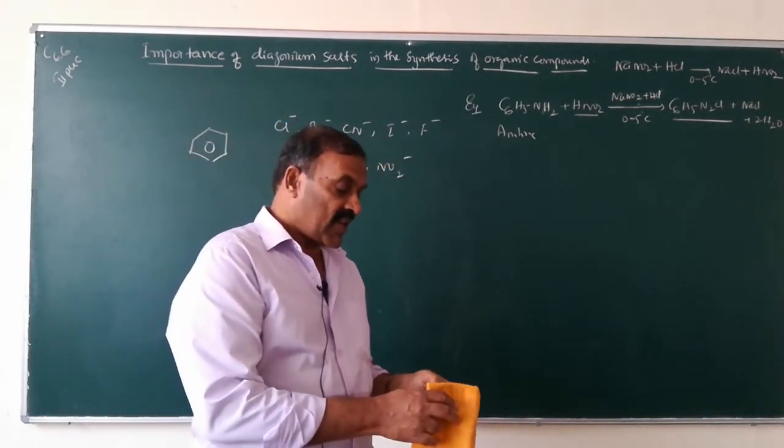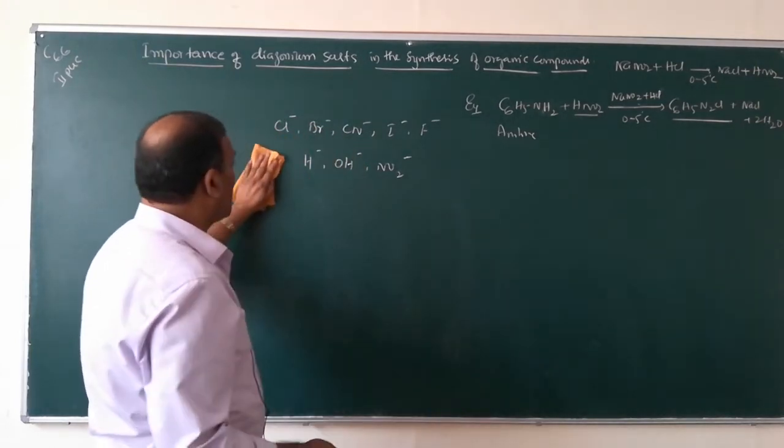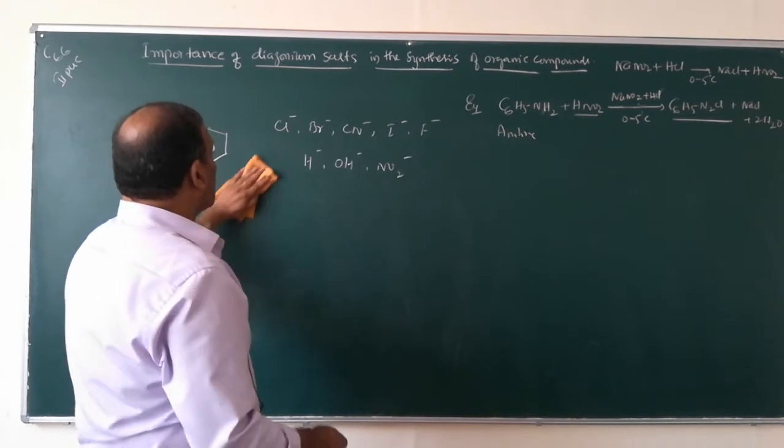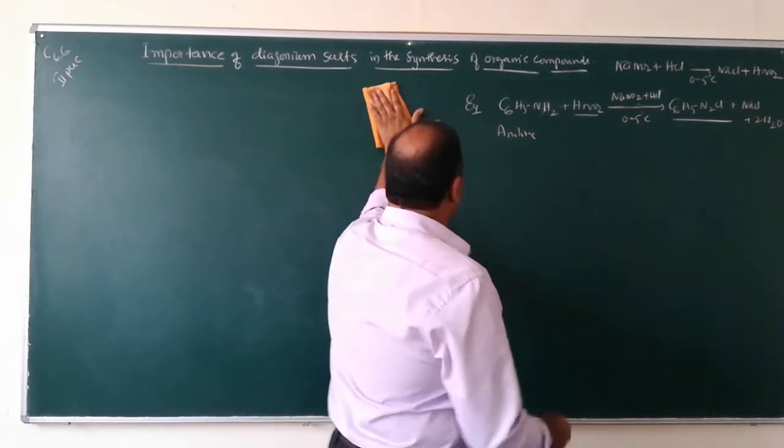Therefore, benzene diazonium chloride plays an important role in the introduction of all these ions into the benzene ring or the aromatic ring.